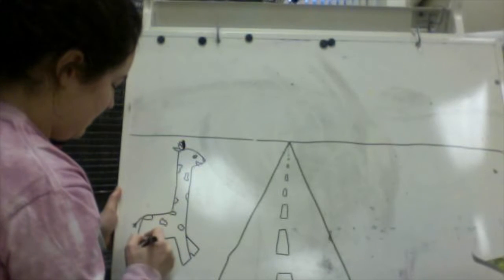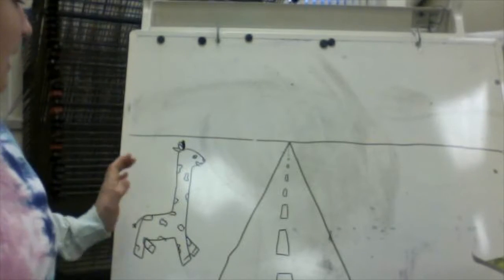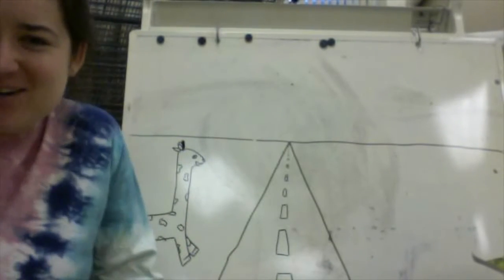I don't know, maybe the gates in the zoo broke. And this is a story about how the giraffes escaped. So I've got a giraffe right here next to my road.